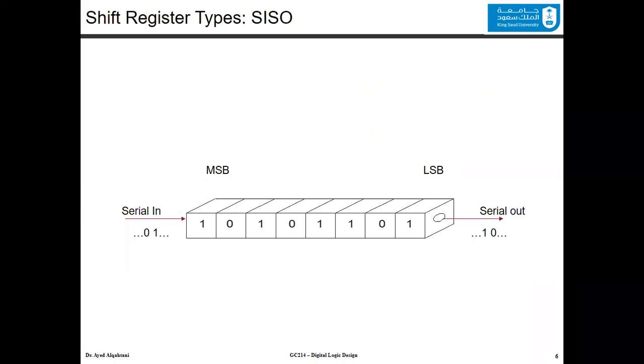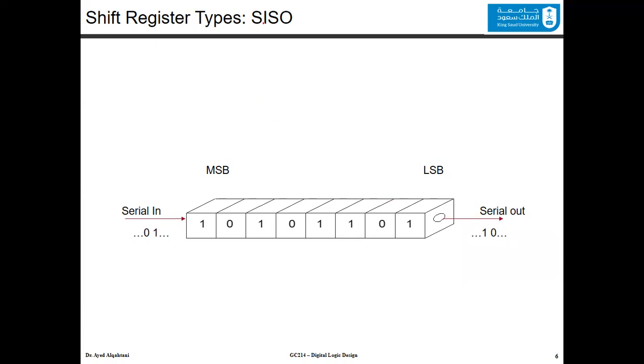Now, we said that the inputs and the outputs of a shift register could be parallel or serial. As you can see here, we have a serial input and a serial output of different blocks. Each one of those blocks would be a D flip-flop. You shift the values that come in bit by bit inside this pipe of blocks, and at the same time you are shifting a new value in, you shift a value out.